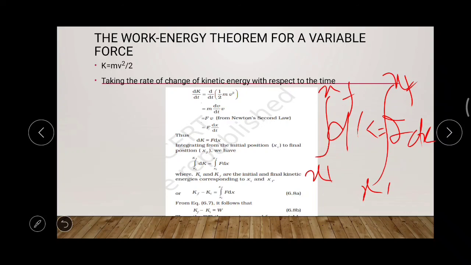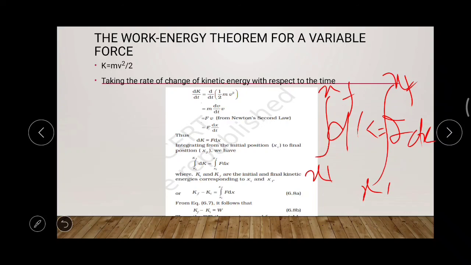The integral of F dx from xi to xf is actually the work done, isn't it? Integration of force over displacement is the work done.